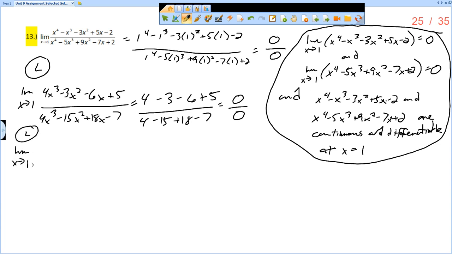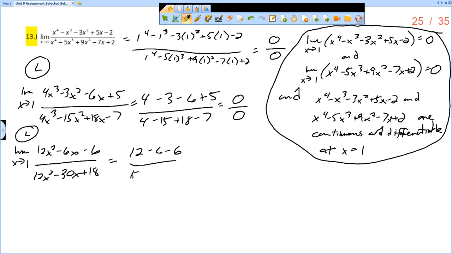So the limit as x approaches 1 of 12x squared minus 6x minus 6 over 12x squared minus 30x plus 18, and then, of course, we would reevaluate. So I have 12 minus 6 minus 6 over 12 minus 30 plus 18, which of course gives us 0 over 0 again. And so then L'Hopital's rule would apply again.